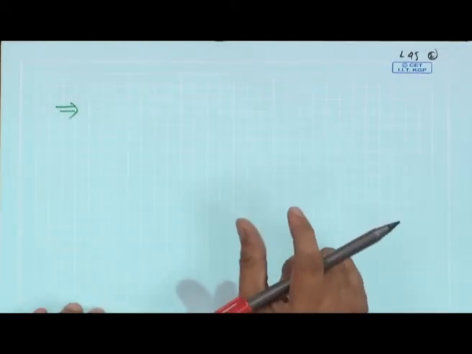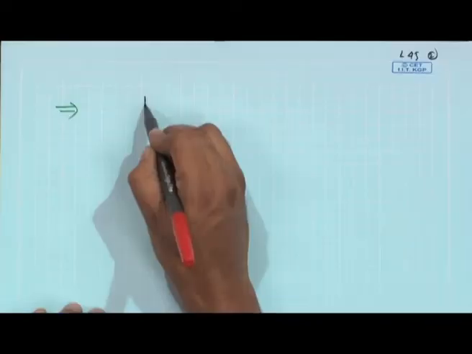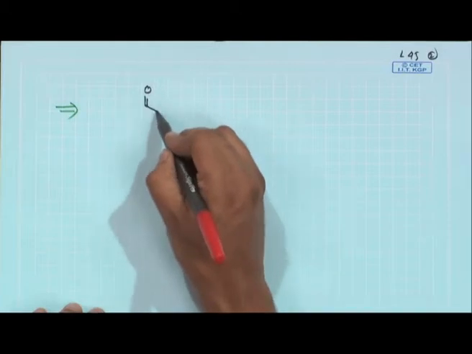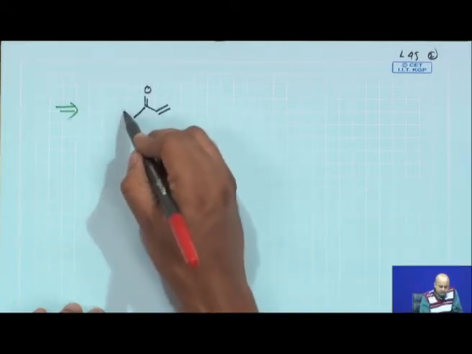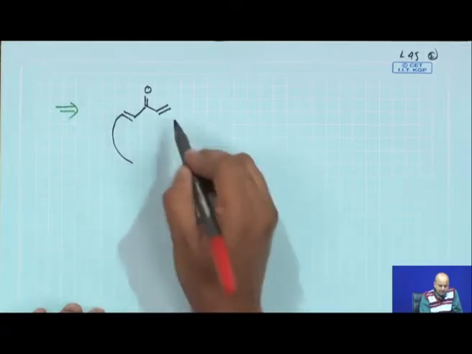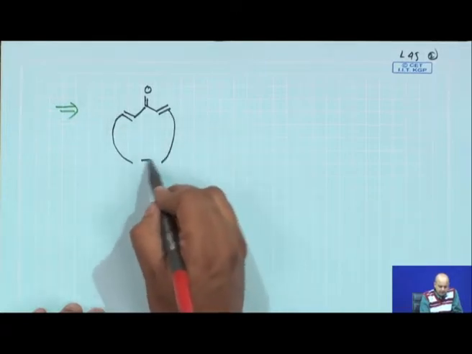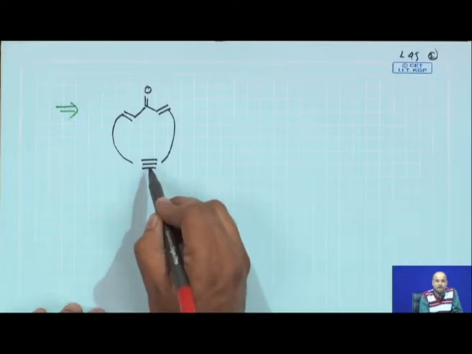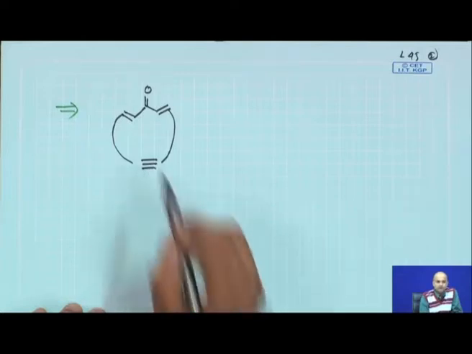we will again draw it, it is basically having a diolefinic partner, and this end and this end are linked, you have an acetylenic unsaturation here.